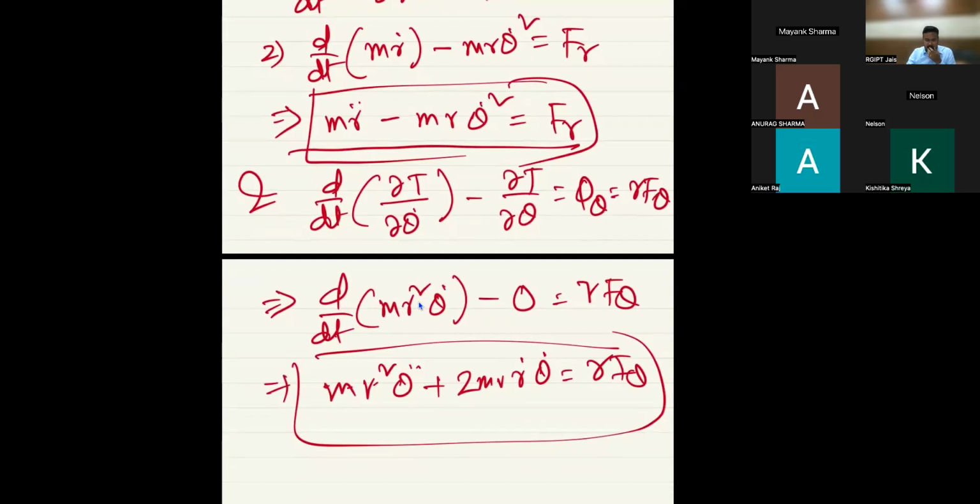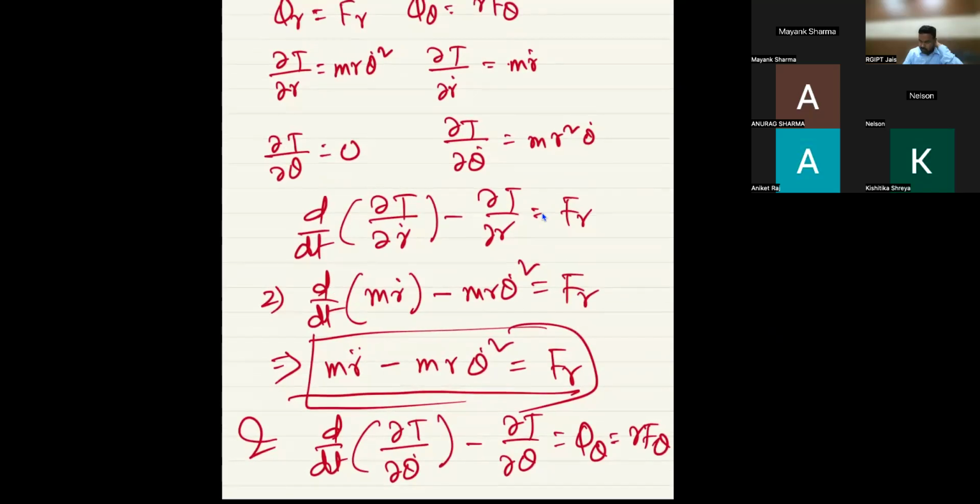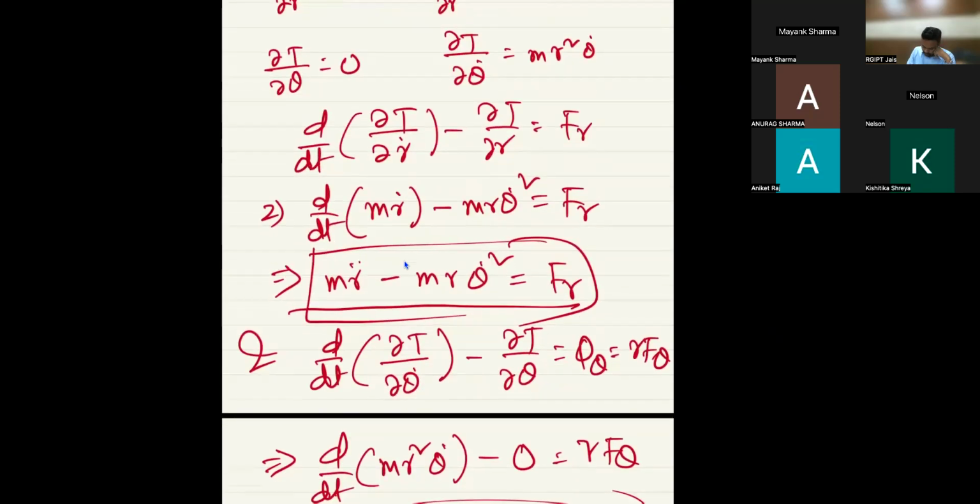Is this clear, what we have done for this plane polar coordinate? This is simple mathematics. We have two coordinates, so we have written Lagrange's equation of motion for these two generalized coordinates.